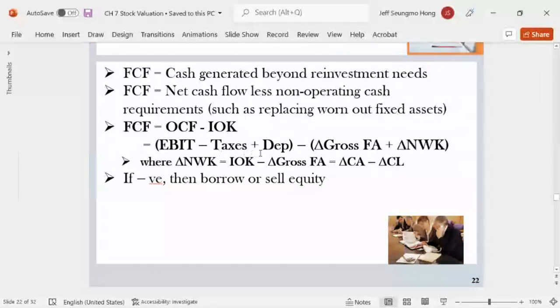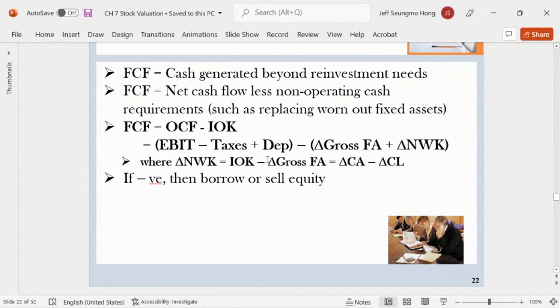Well, from that you have to subtract taxes, and add back in depreciation. Now, why?